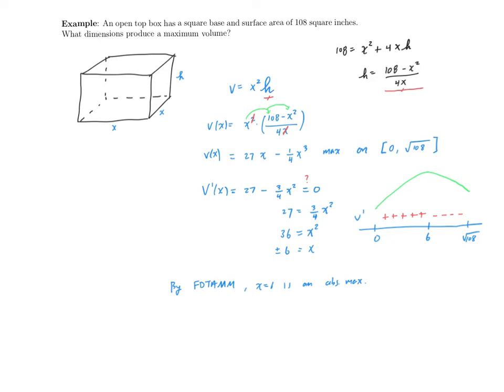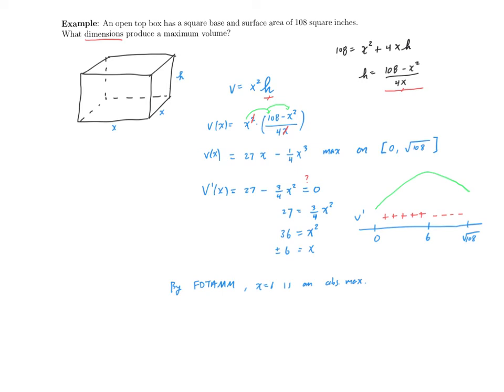What we now need to do is make sure that we answer the question that was asked. We are asked specifically, what are the dimensions that will produce a maximum volume? So we know the base dimensions will be 6 by 6. What we need to know is the associated height.